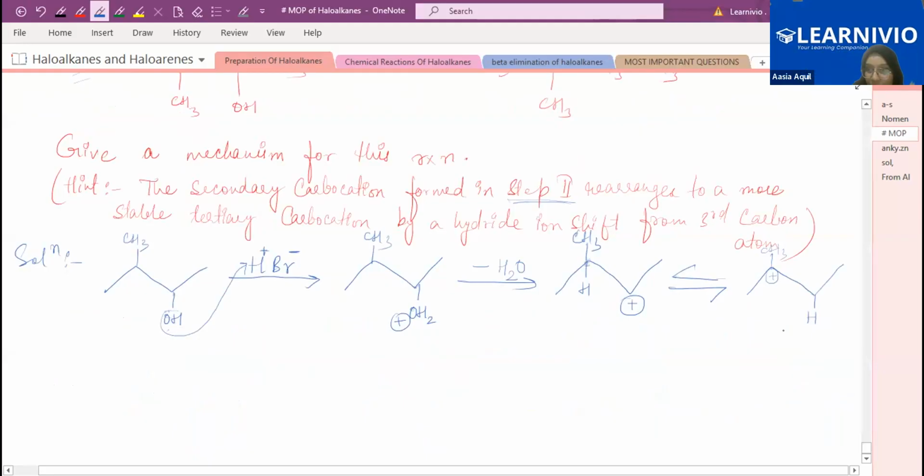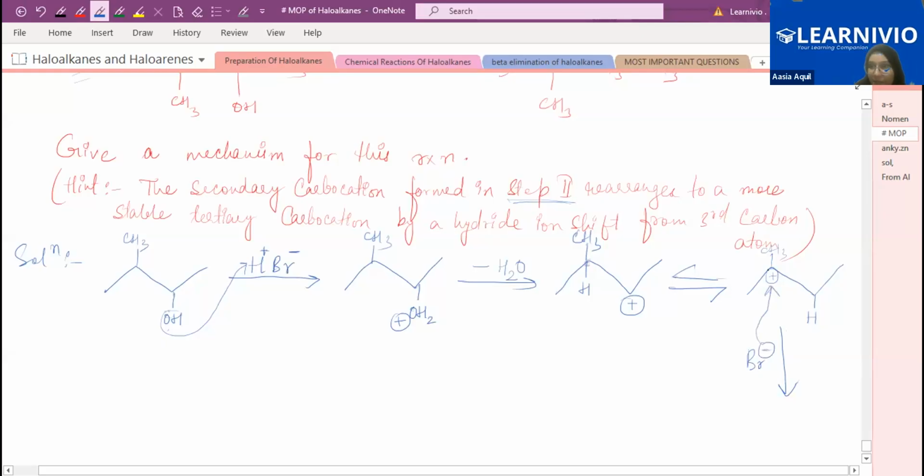Yeah. Now what happens in the next step? We know that यहाँ पे तो H plus का ही use हुआ था, but Br minus is also there in the reaction. This is a nucleophile, right? So bromine is a nucleophile over here, right? So this nucleophile bromine will attack here, right?